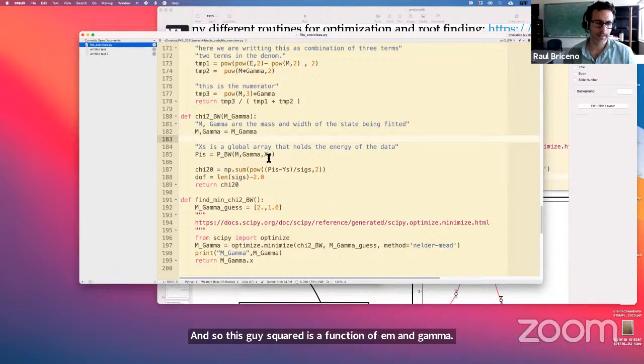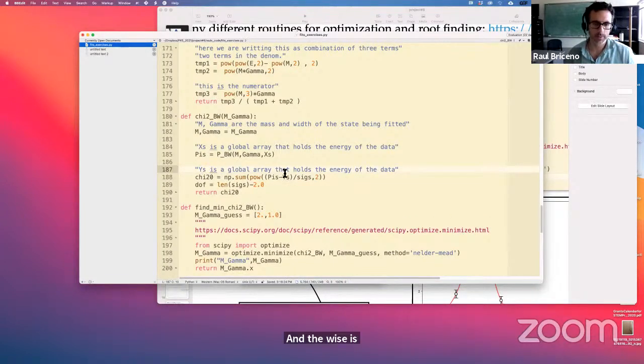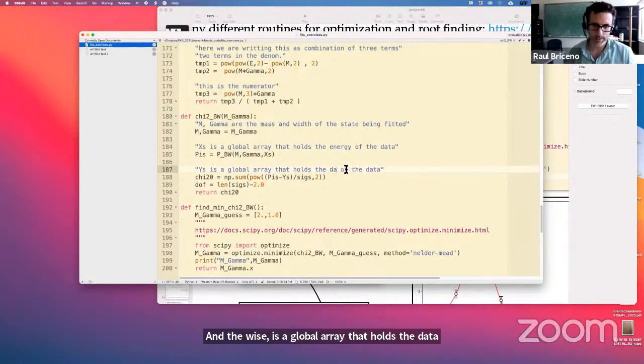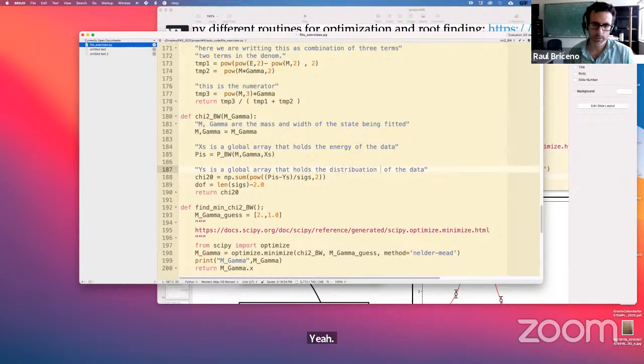The x's have been globally constrained, so I don't feed them into the function. And the y's is a global array that holds the data, the distribution for the reaction.